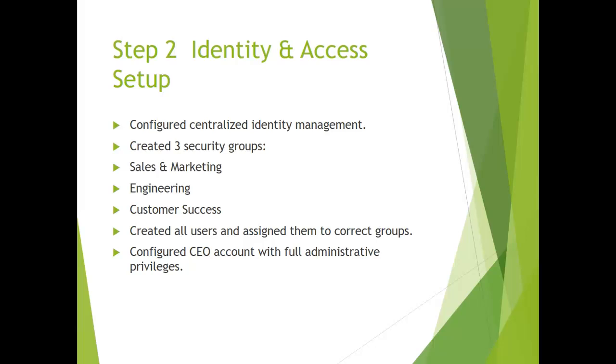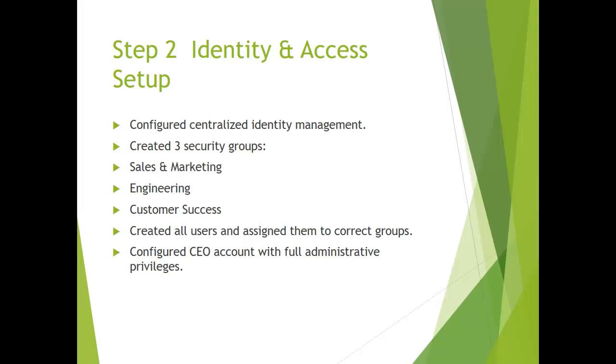So we're going to see identity and access configuration. The first phase focused on identity management using Microsoft Entra ID. 3 security groups were created to represent the organization's departments: sales and marketing, engineering, and customer success. 30 users were created and assigned to their respective groups.